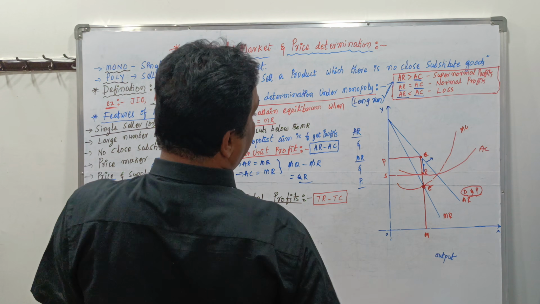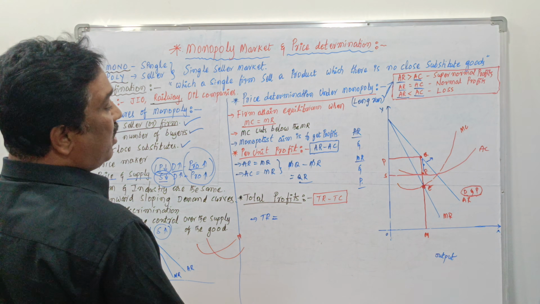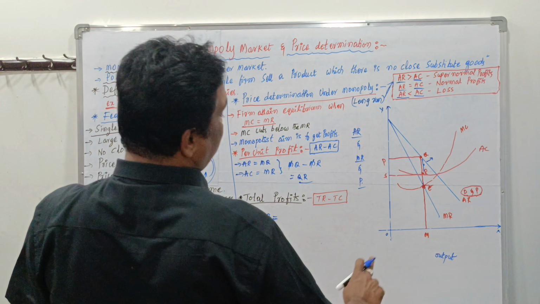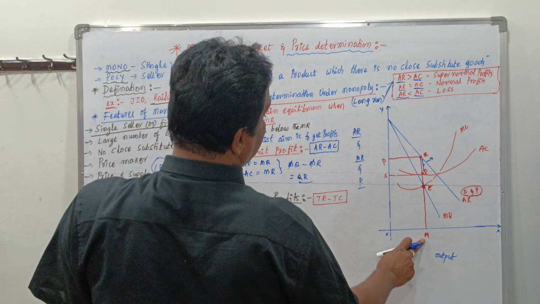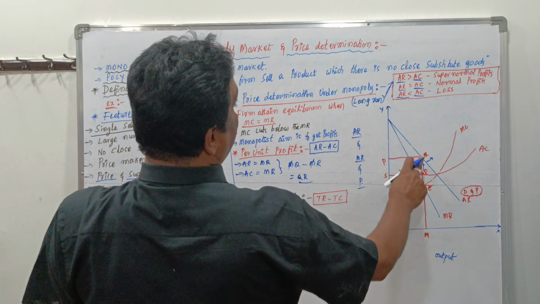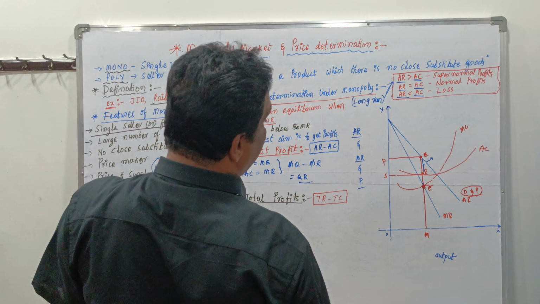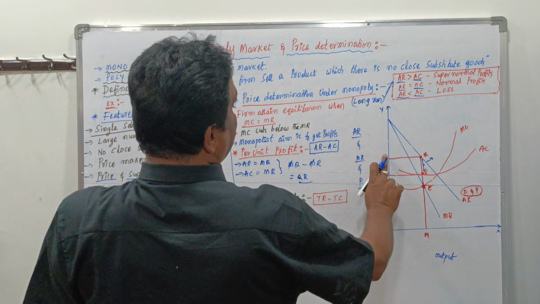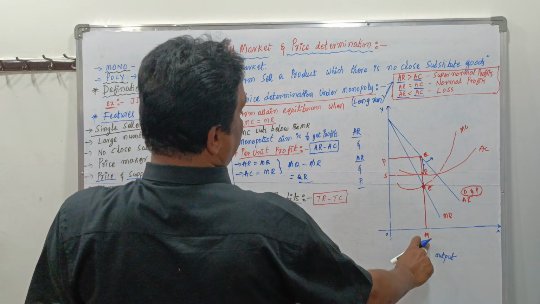For one commodity, the average revenue is nothing but the income from each commodity. So OM goods are sold in the market. What is the average revenue? MQ. But what is the total revenue? If the average revenue is MQ, this area is called the total revenue: OPQM.